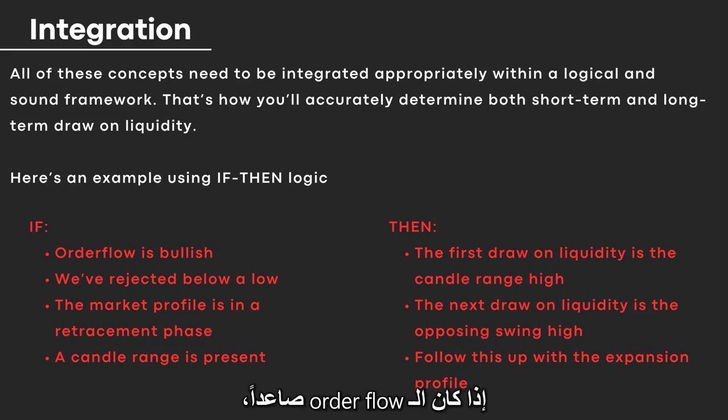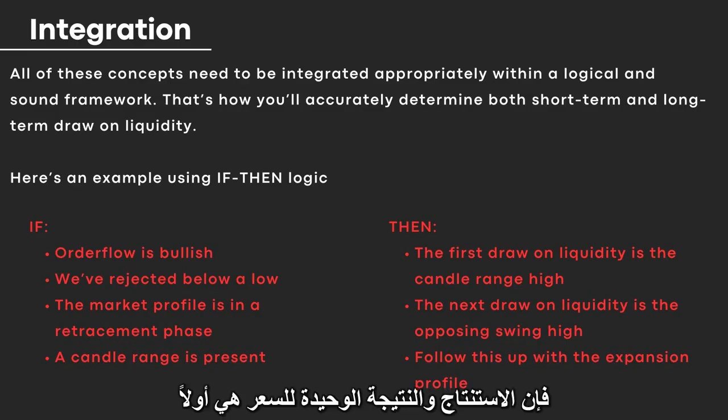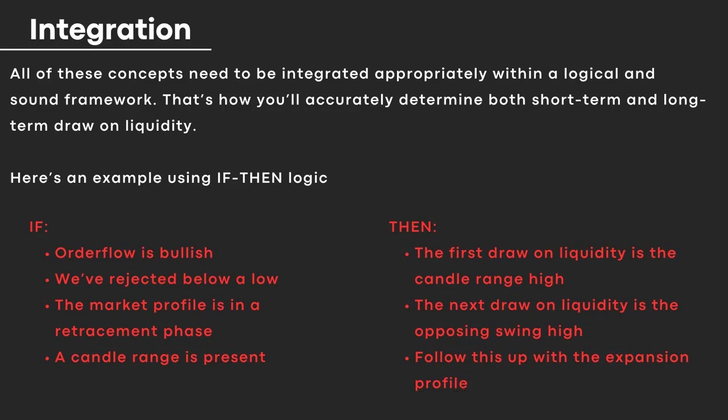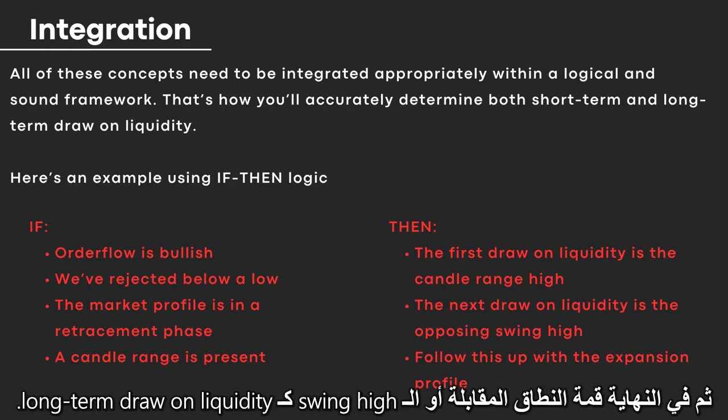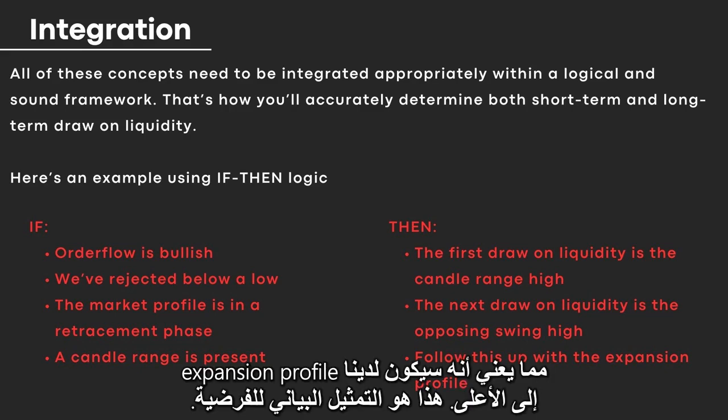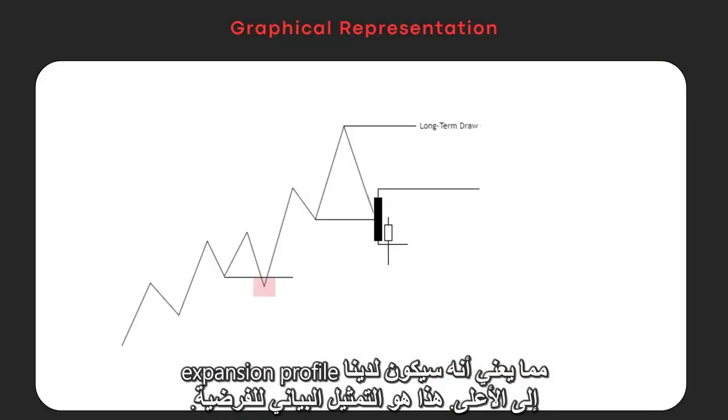If the order flow is bullish, and if the fact of the matter is that we've rejected below a low, and if the market is in a retracement profile and it has almost ended, and if a candle range is present there, then based on all of these if metrics and hypotheses, the only deduction in outcome for price is to first of all target the candle range high as short-term drawn liquidity, and then eventually the opposing range high or swing high as long-term drawn liquidity, which means we'll have an expansion profile to the upside.